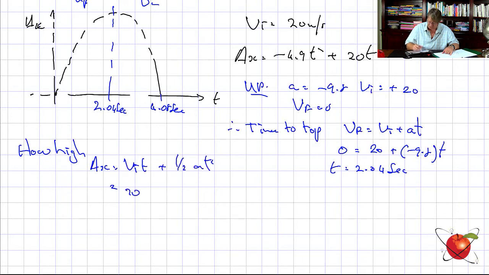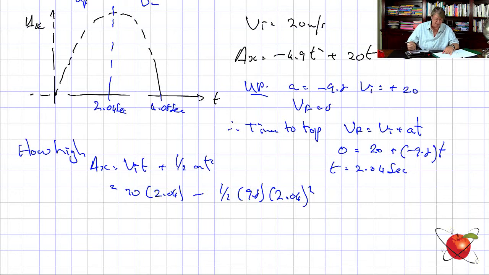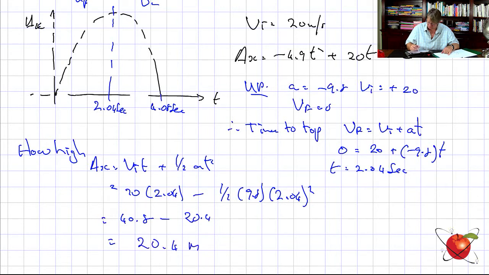V initial is 20 times 2.04 minus a half times 9.8 times 2.04 squared, correct? Therefore, that is going to be equal to 40.8 minus 20.4, which is equal to 20.4 meters up.